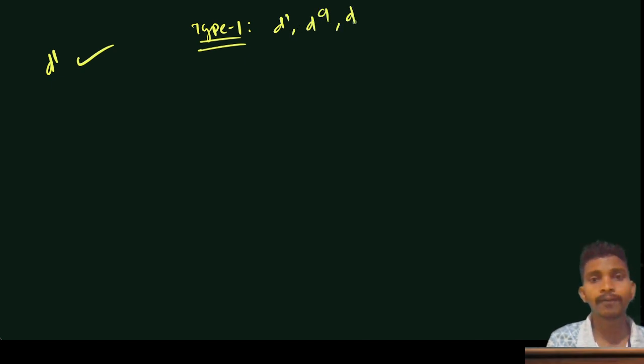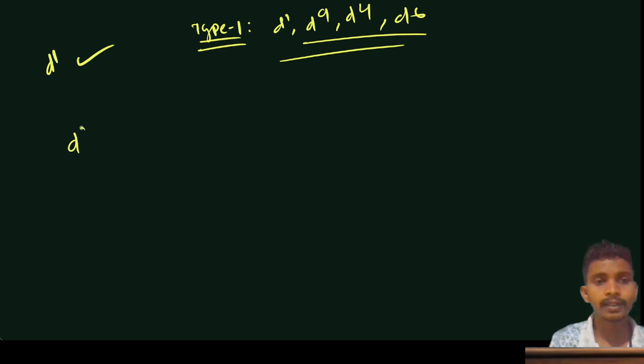Next, now we will discuss D9. The type 1 cases are D1 and D9, and D4 and D6. So let's discuss D9, because we already discussed D1.